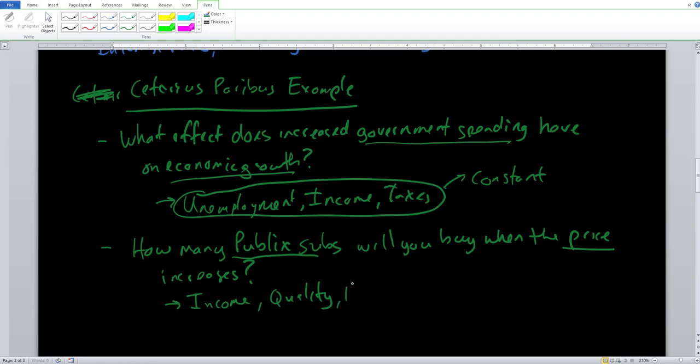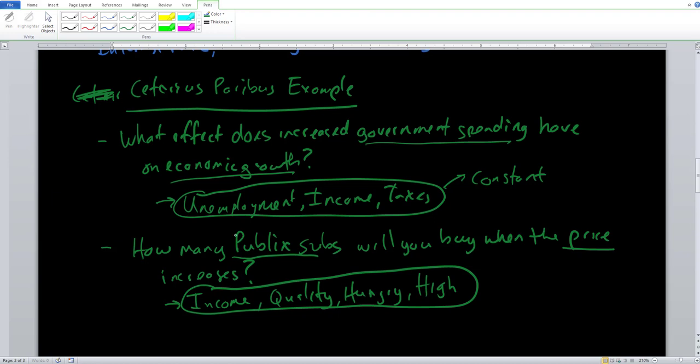We can take a look at how hungry you are, and how high you are as well. So with all of this right here, these are all variables that can be relevant in terms of answering this question, but because we are invoking the ceteris paribus assumption, we want to leave all these things constant as well. So your income, the quality of the sub, how hungry you are, how high you are.